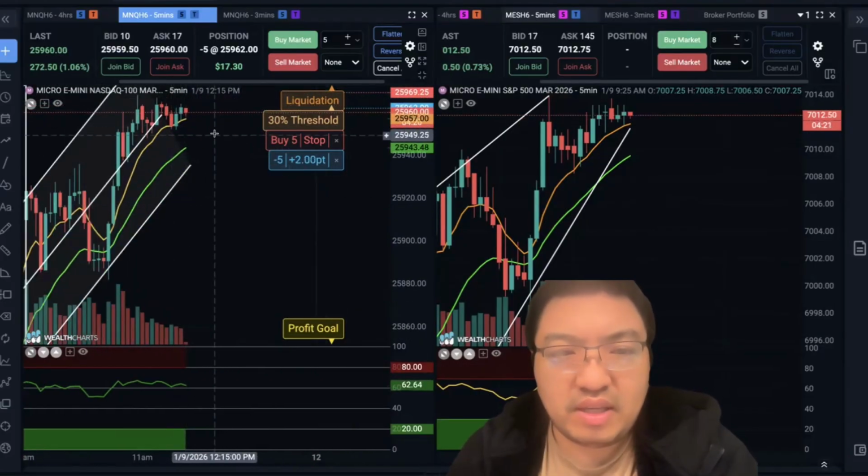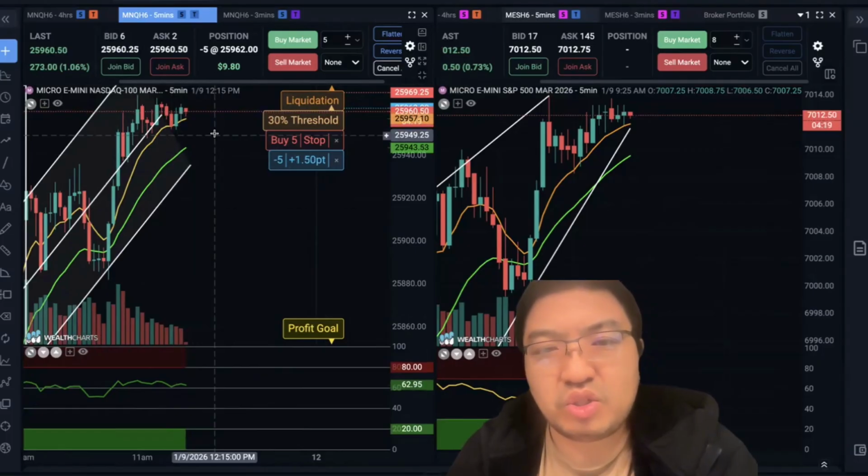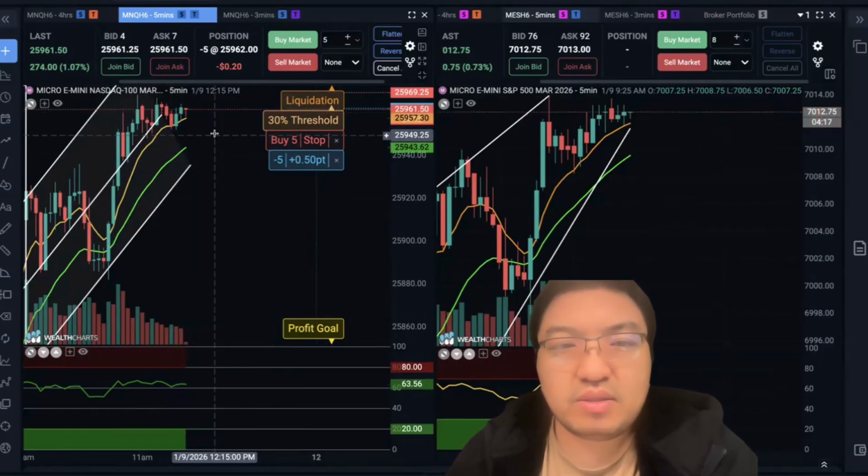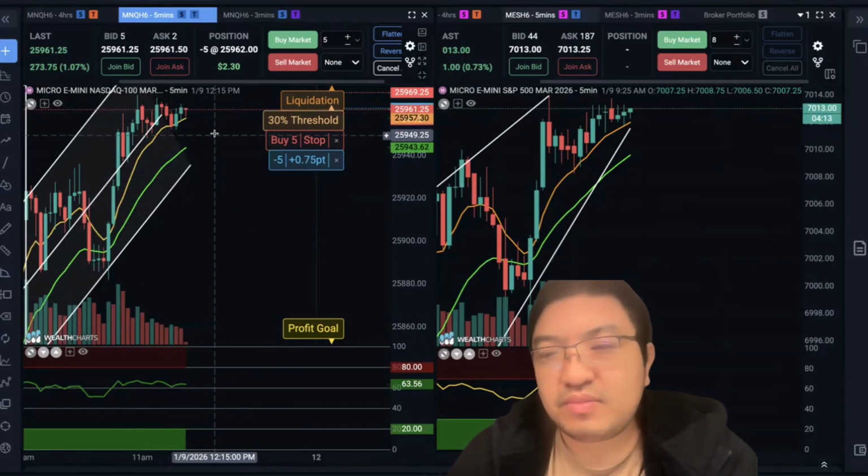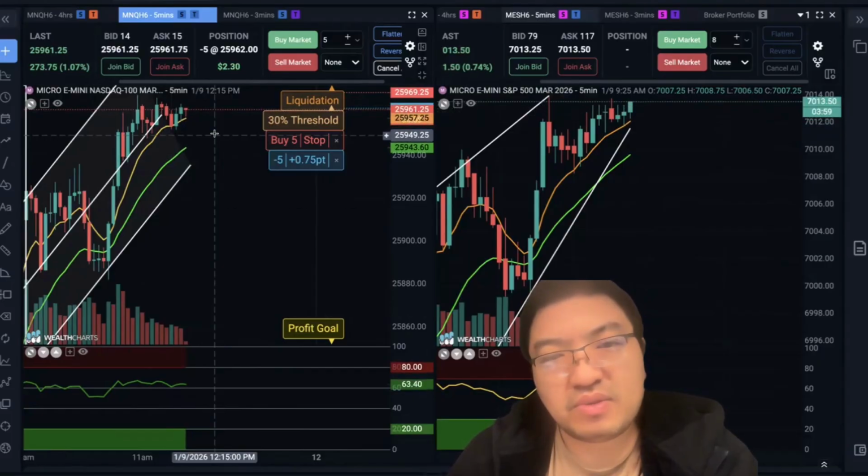And if it breaks here, then I'll probably add some position. Oh, EMA 9 keeps defending for both ES and NQ. And it's a higher low. So things are not looking good.